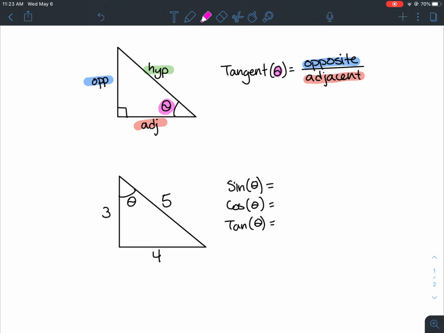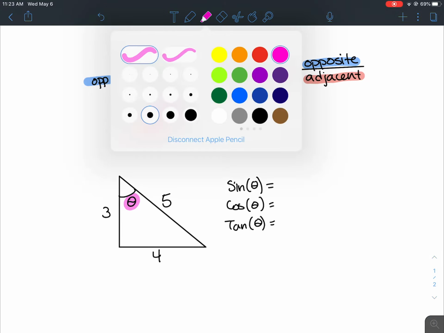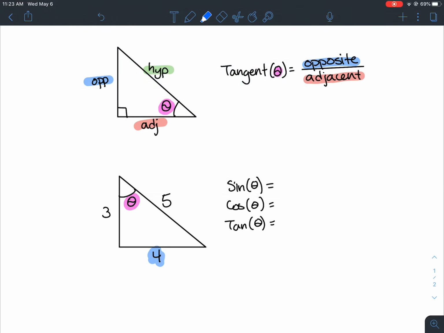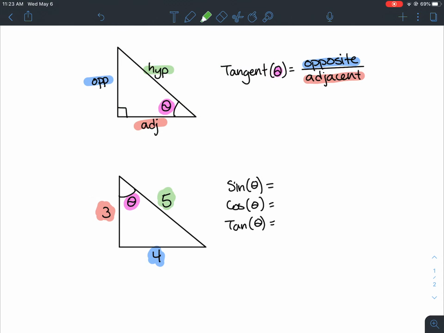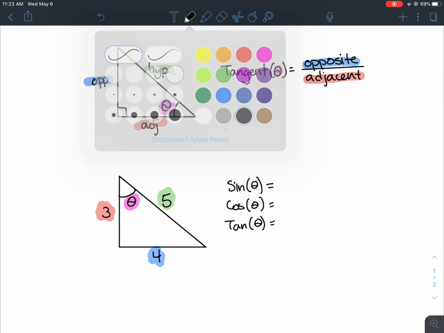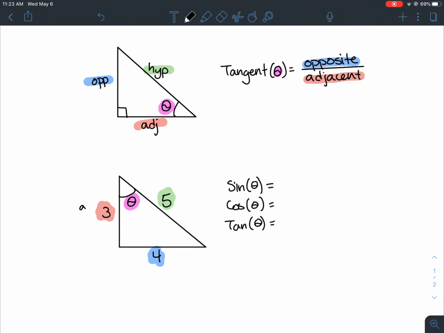So there's my reference angle. That means 4 is the opposite, 3 is the adjacent, 5 is the hypotenuse. And again, you can just quickly label these. I usually do too. So that's my adjacent, that's my opposite, that's my hypotenuse.